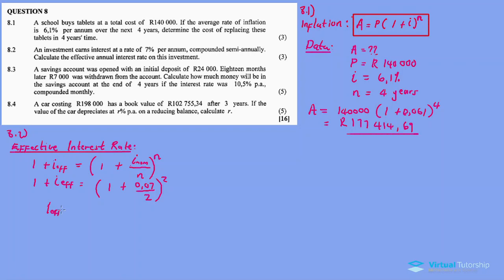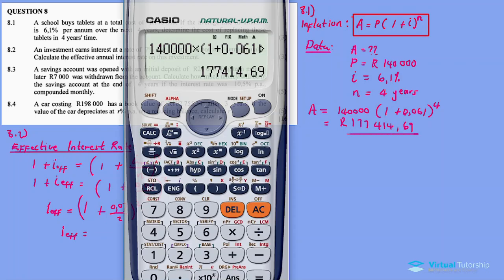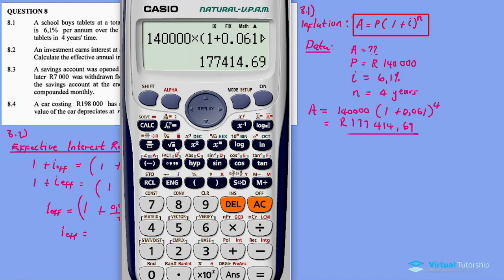So the effective interest rate is equal to 1 plus 0.07 divided by 2, close bracket, raised to exponent 2, minus 1. Let us calculate. So it's open bracket 1 plus 0.07 divided by 2, squared, minus 1.